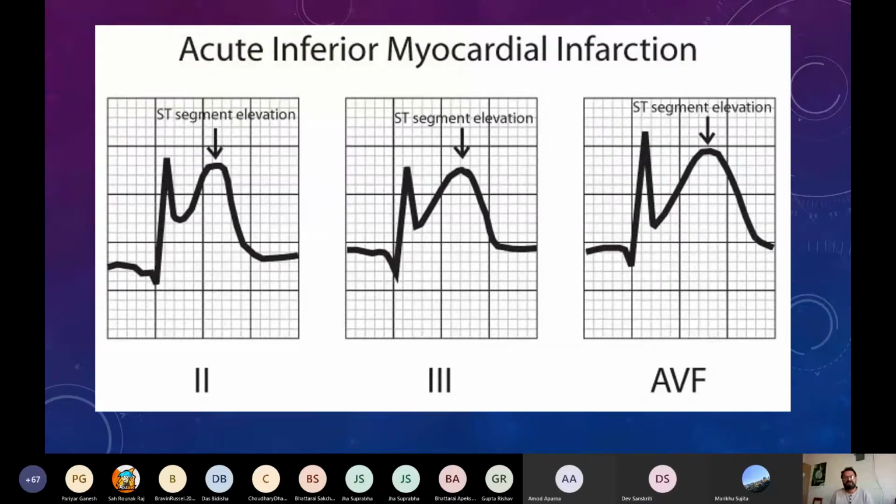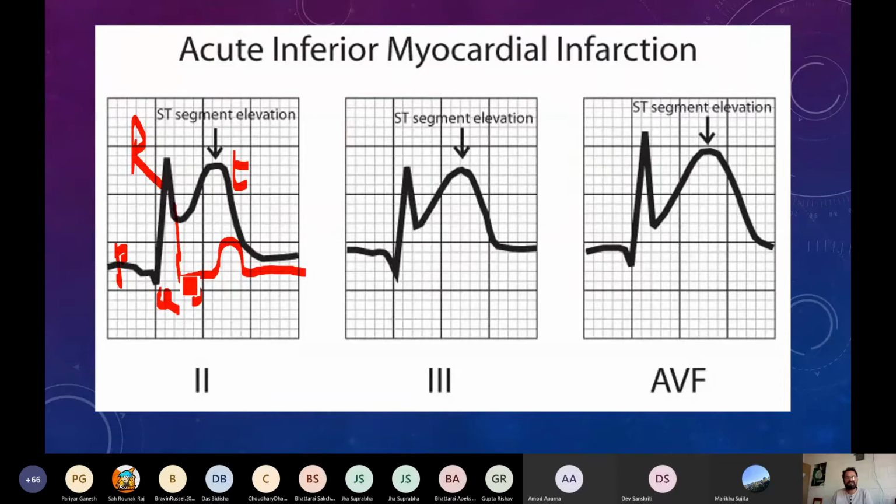For that we do this ECG, and you can see this ECG shows ST segment elevation. You can see P, Q, R, S, and T. This is T. Normally the segment should drop down here, and then T should be here, isn't it?